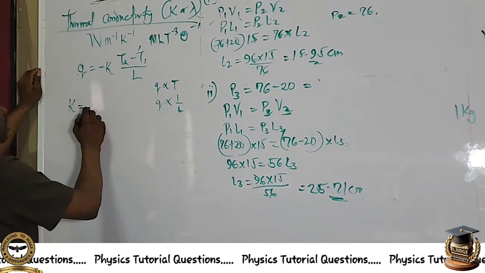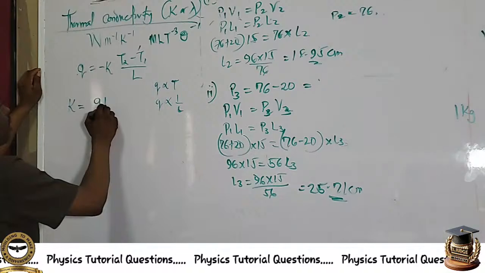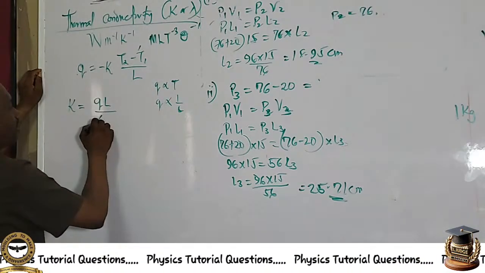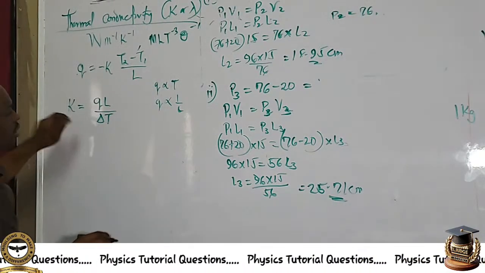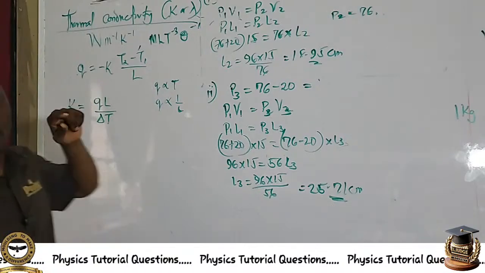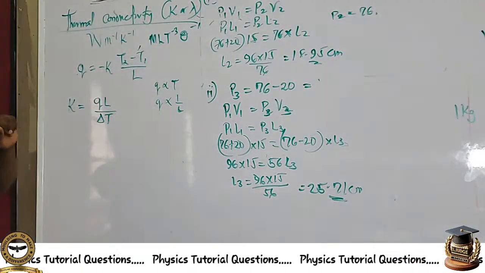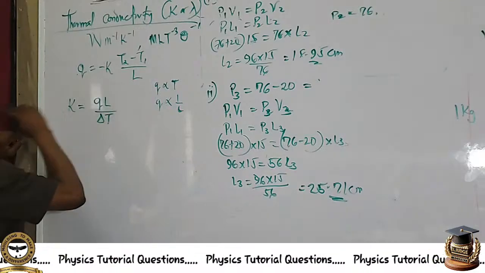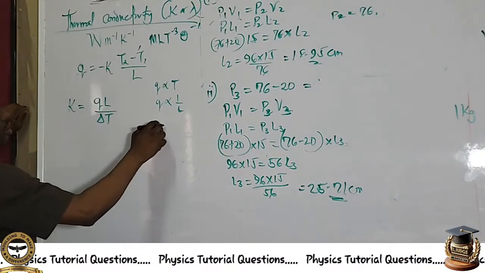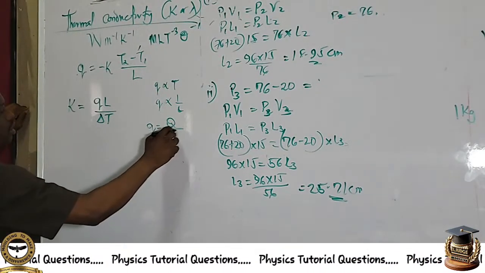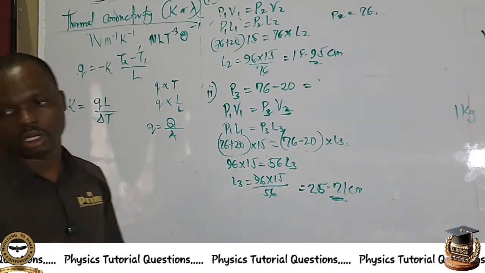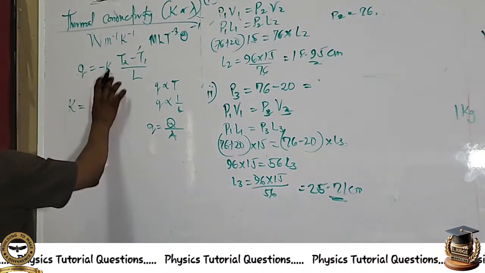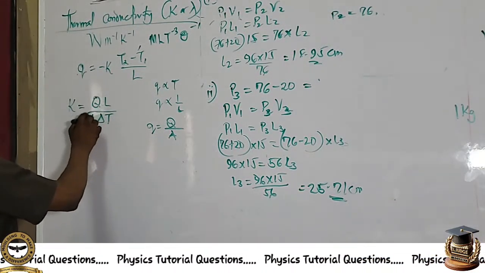So if K is the subject, we have QL over change in theta, and this Q is the flux, the rate of heat over area. So we can write QL over A.